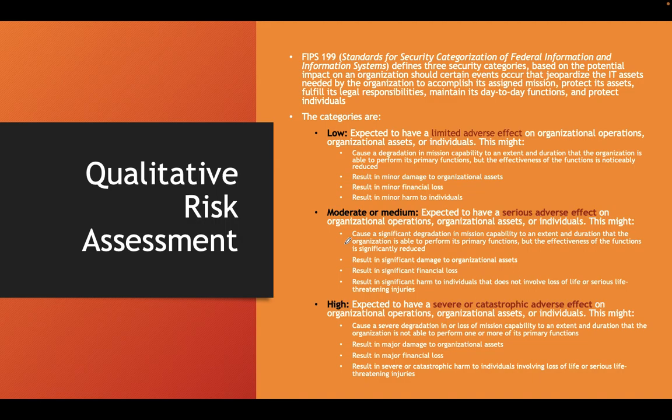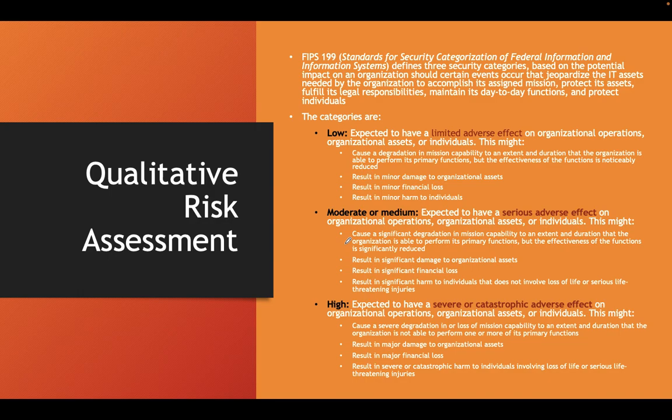So when we say moderate or medium, it's expected to have a serious adverse effect on the organization's operation. So medium risk is something that is expected to have serious adverse effect on the organization's operations, organization's asset, and or the individual.